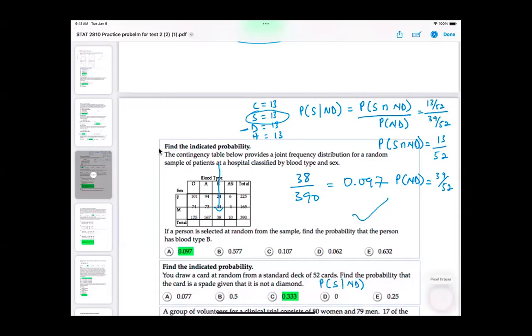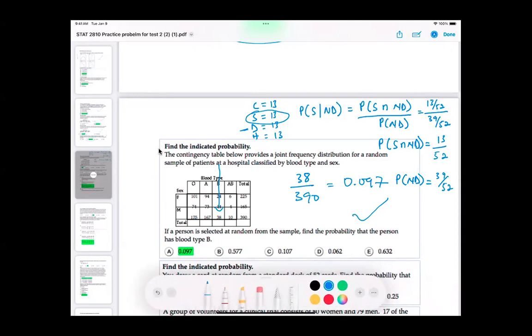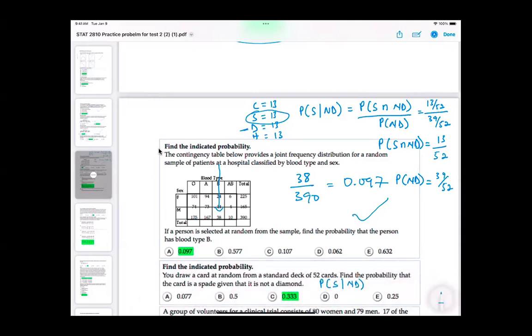You are going to get 13 over 39, which is 0.333. Does that make sense? So that is how to do this stuff.